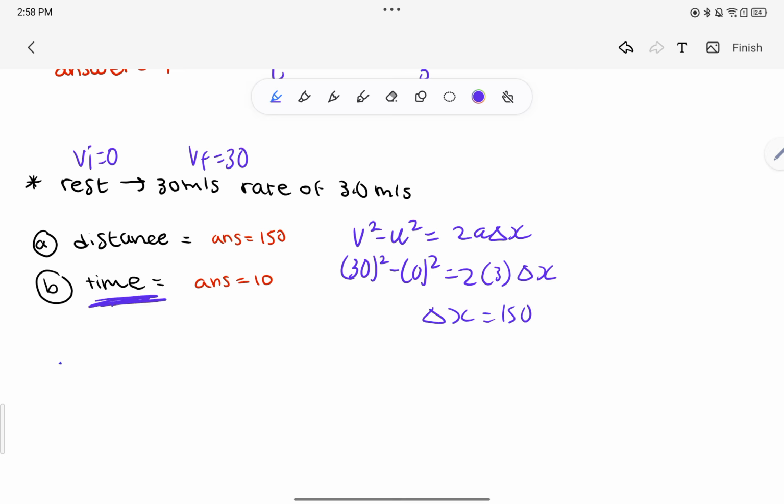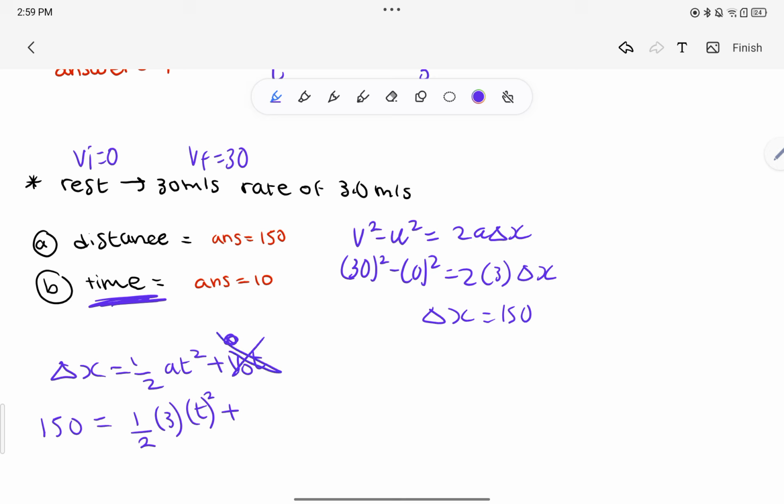So delta x equals 1 over 2 a t squared plus v initial t. So here it will be 150 equal to 1 over 2 times a, which is 3, times t squared, and t is what we're trying to find, plus this is 0, so it's gonna cancel.